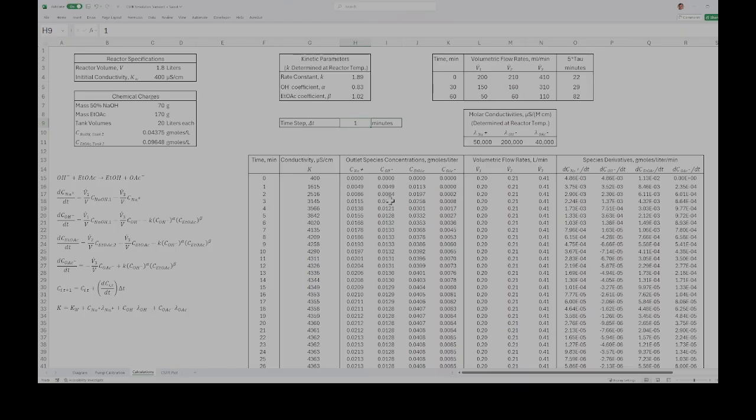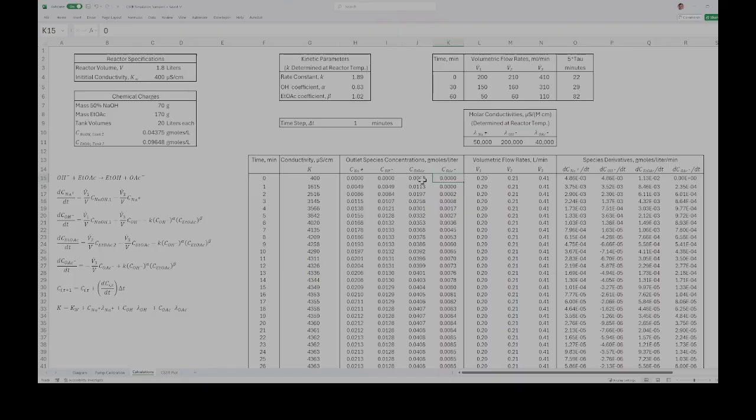So I'm going to create a table at time 0. My initial conductivity is just the conductivity of water, which we measure to be at 400 microsiemens per centimeter. We have no sodium hydroxide, ethyl acetate, or sodium acetate in that reactor because we just added water to it.